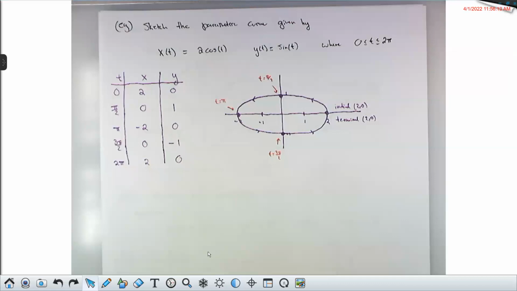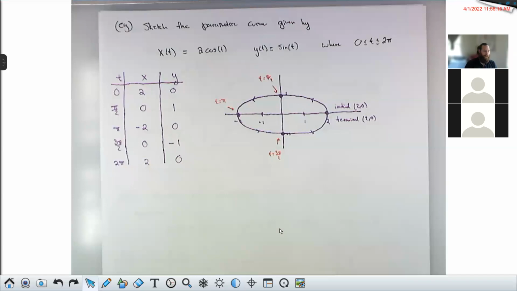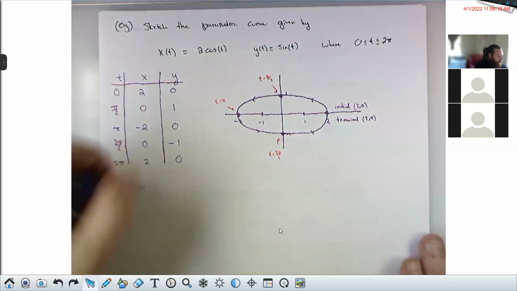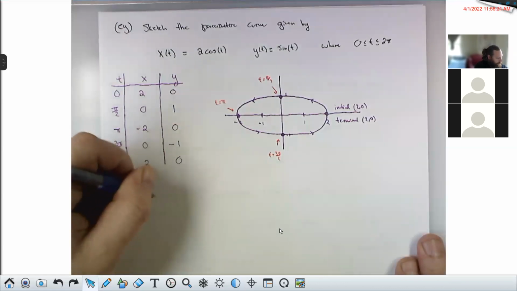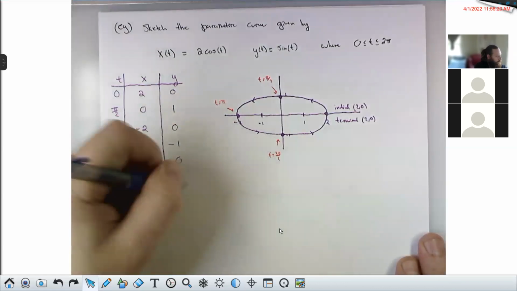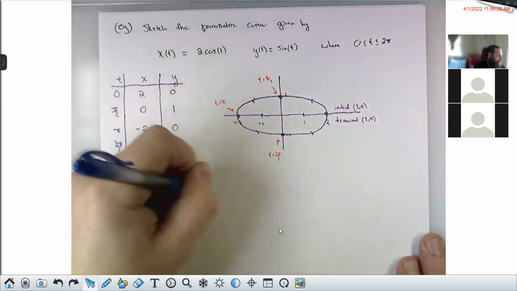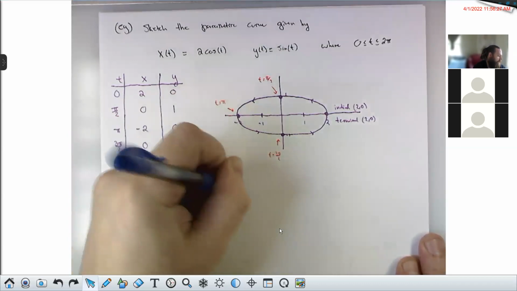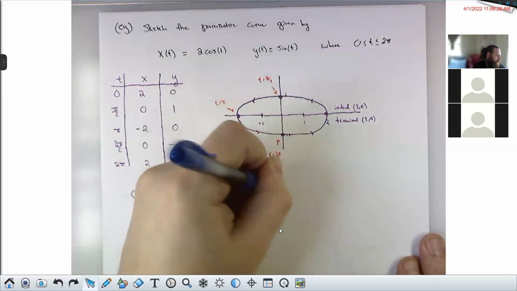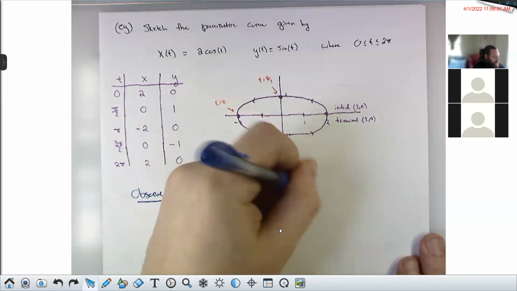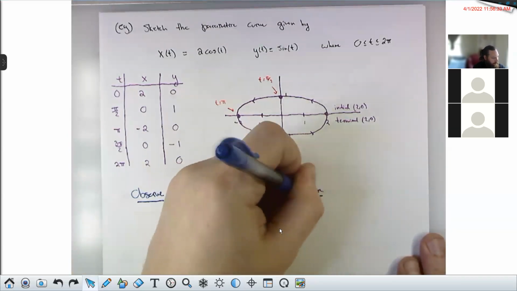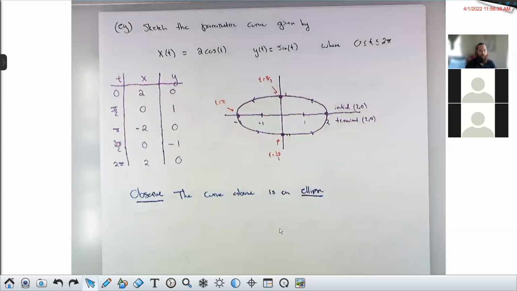Okay, there are kind of two other things I want to talk about here. First, relating to this problem. The curve above is an ellipse. It's like a stretched out circle.